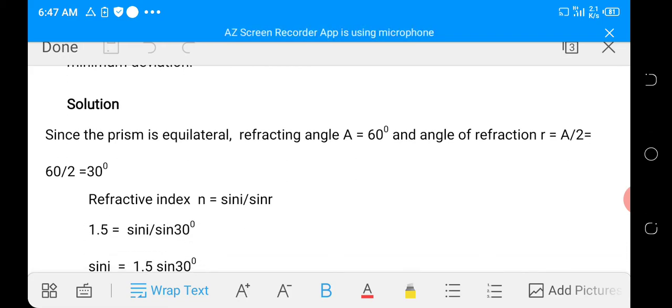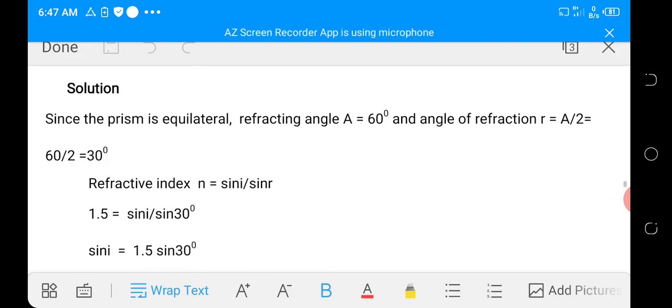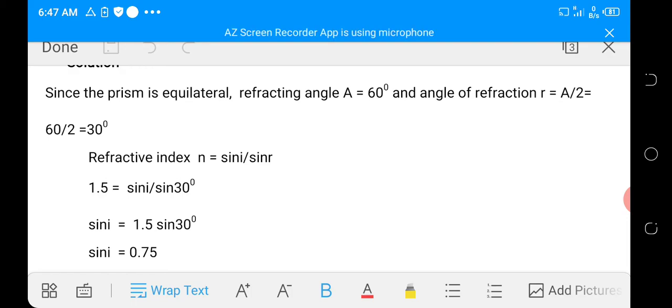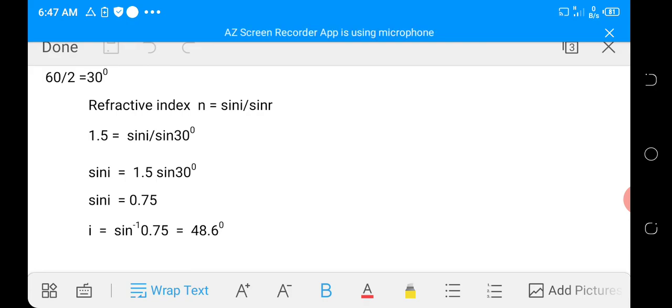Since we know the angle of refraction and the refractive index, to get the angle of incidence, we just apply the formula that n is equal to sine i over sine r. Working through that, we are going to get 0.75 as our sine i. So making i the subject of the formula, that gives the arc sine of 0.75, which is 48.6 degrees.